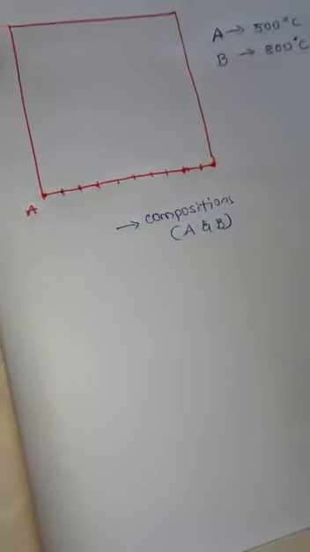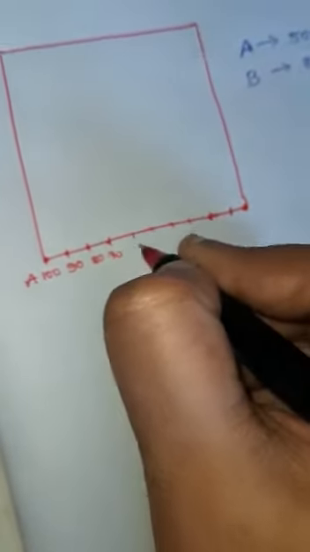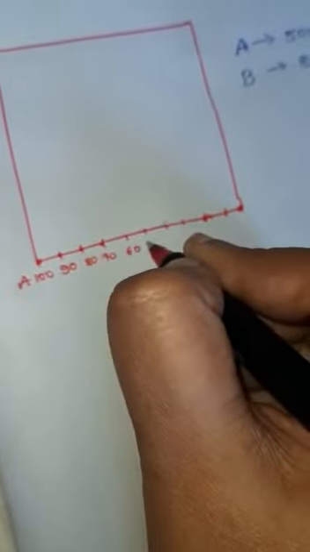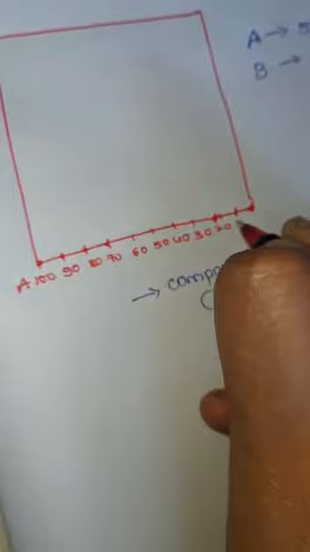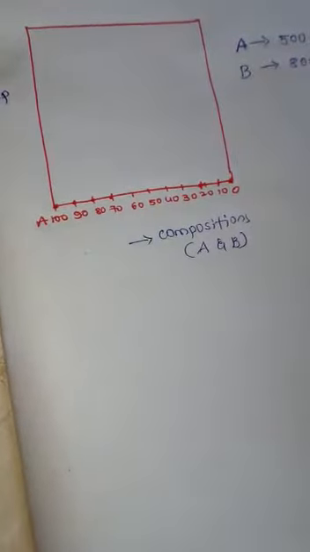In the x axis you can start from A or you can start from B. Suppose you start from A, then A is 100, and then it decreases: 90, 80, 70, 60, 50, 40, 30, 20, 10 and 0.